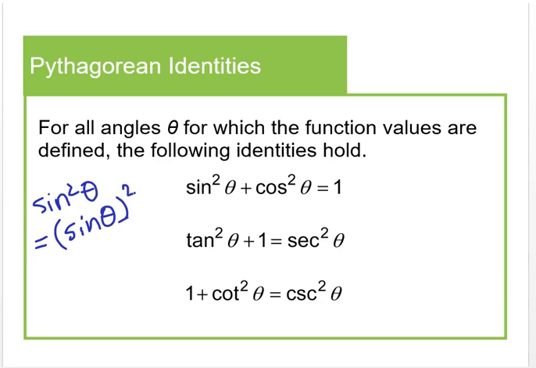Okay, so this is an identity that we are going to be using in one of our next examples. And then from the sine squared theta plus cosine squared theta equals 1, we can use other trig functions and get these other two identities here that are also known as Pythagorean identities.